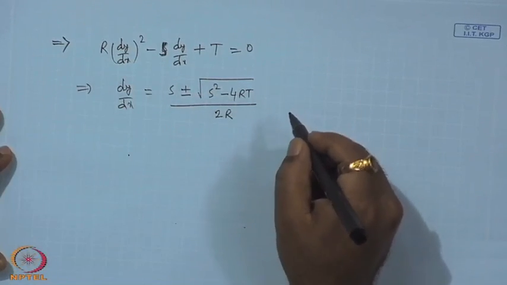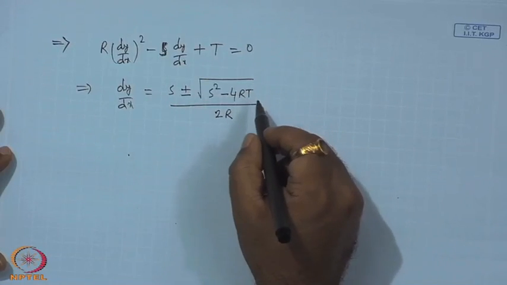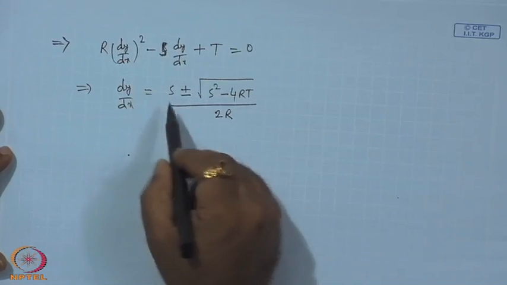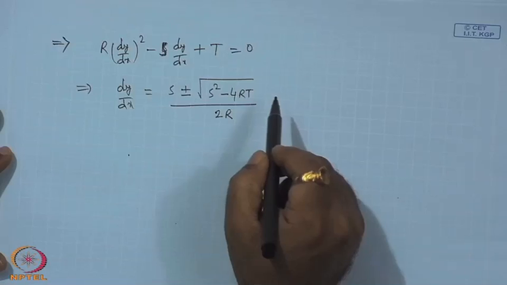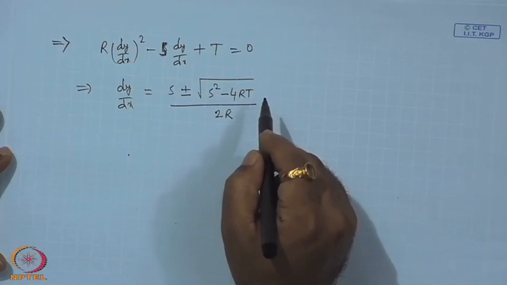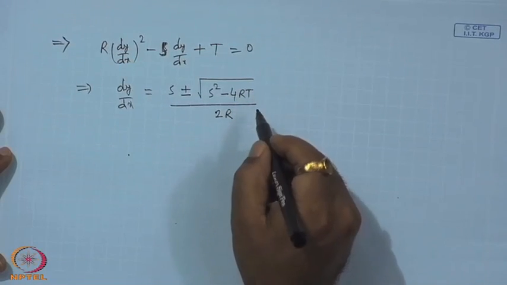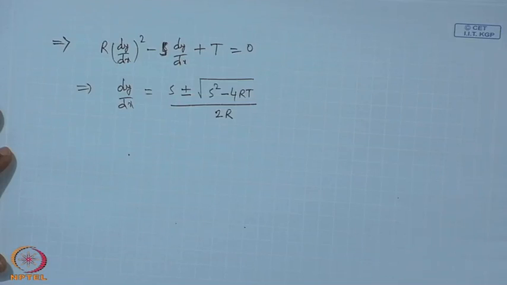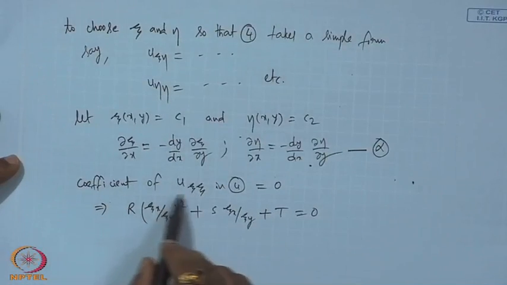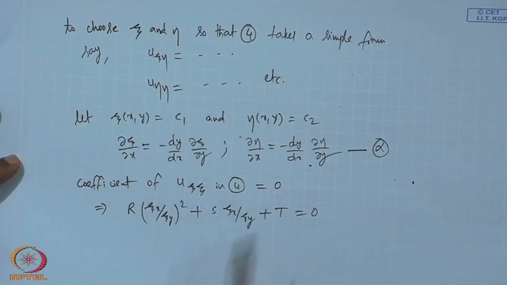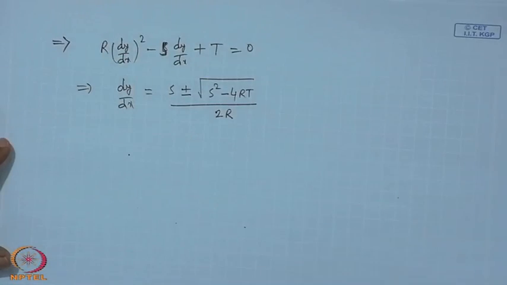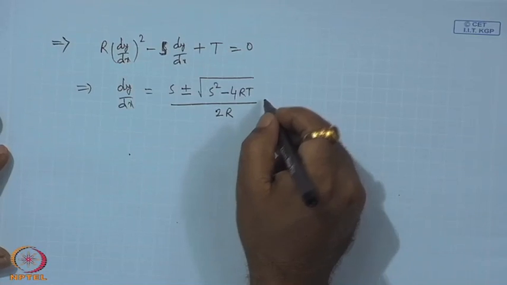This is the scenario. dy by dx is this. That means if the coefficient of this in 4 is 0, then dy by dx is this.